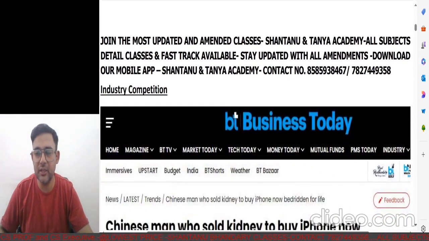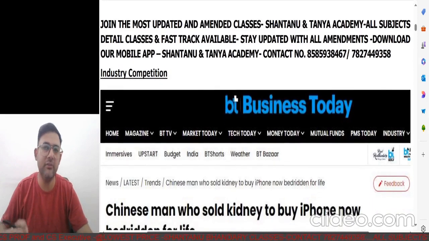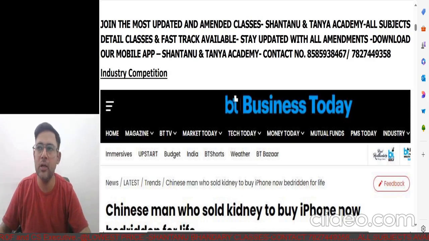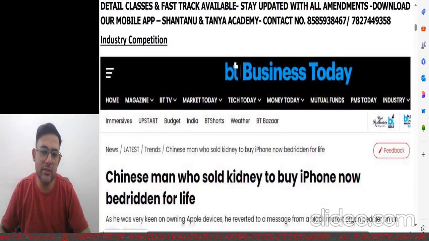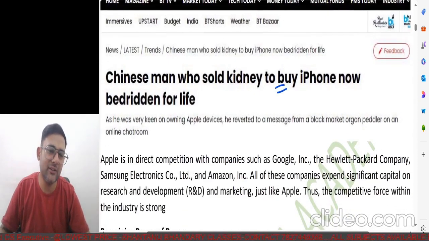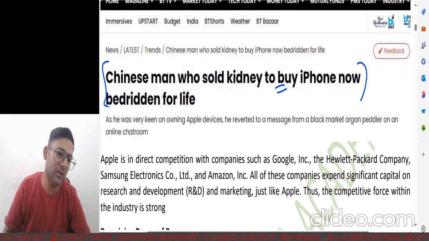If I talk about India, every year in September or October they launch a new iPhone model, significantly better than the previous one, and people are crazy about it. It's an individual preference, but I really don't think it's worth doing this for a phone, right?